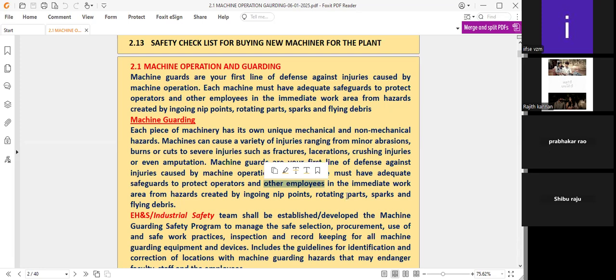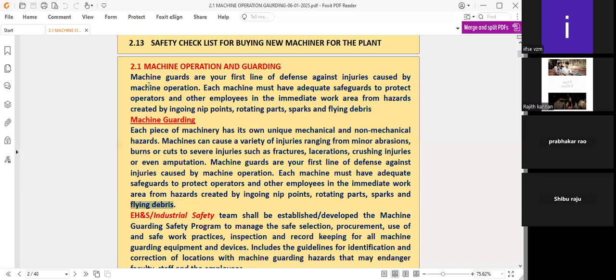That's why, in the immediate work area, hazards are created by ingoing nip points, where the liquor joints will leak from these two shafts. If the guard is there, definitely it will protect against rotating parts, sparks, and flying debris. Flying debris means dust from the atmosphere or air.